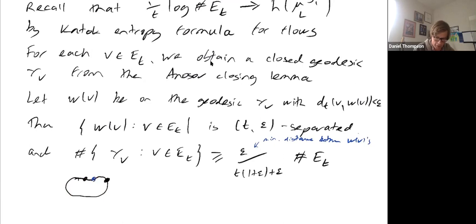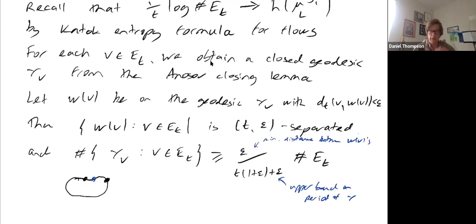Those two must be epsilon apart. How many of those can I fit on the same orbit? It's epsilon divided by the worst the period can be, the biggest period. So this is an upper bound on the period of gamma.